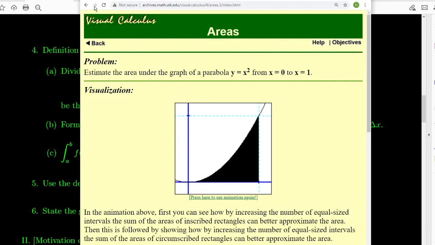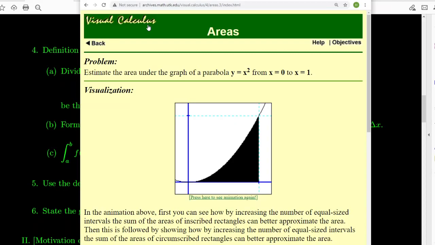The larger the value of n, the better the estimate. Eventually, the actual area of the curved triangle is going to be computed by taking the limit of the sum of the areas of many rectangles as n approaches infinity.